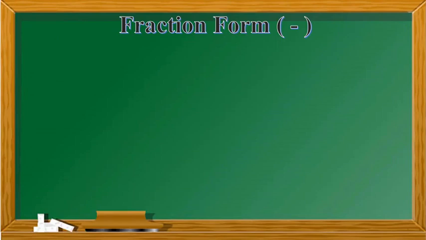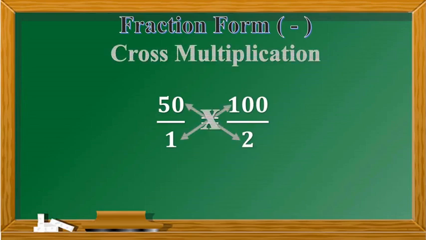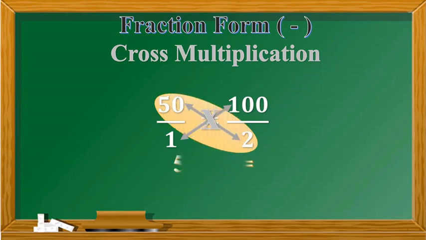Let's try another way of writing ratios, and it can be written in fraction form, like this. To know that these two ratios are equal by using cross multiplication, we are going to multiply the numerator of the first ratio, which is 50, to the denominator of the second ratio, which is 2.